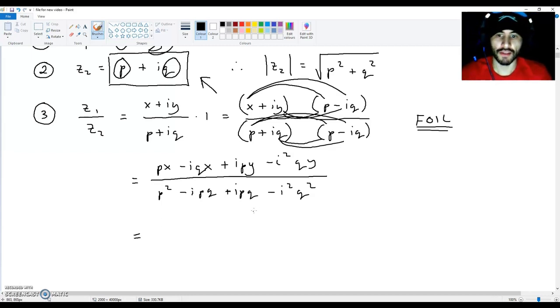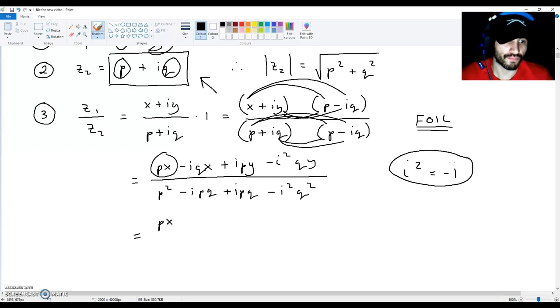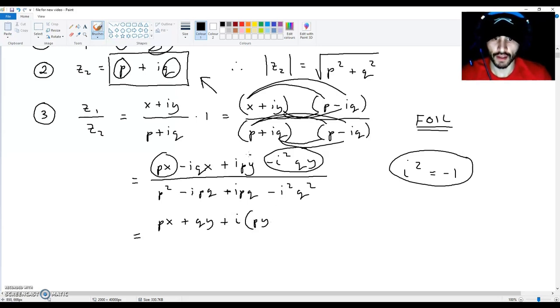So if we simplify this, we get px, and then we get minus i squared qy. i squared is equal to minus 1, so this turns into plus qy. We also get i multiplied by (py minus qx) in brackets.